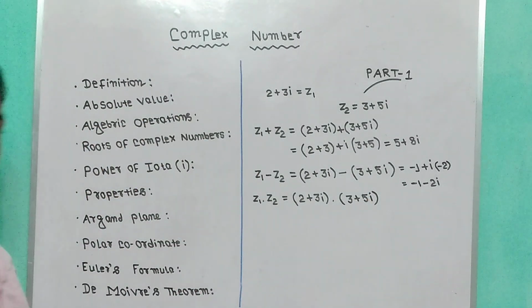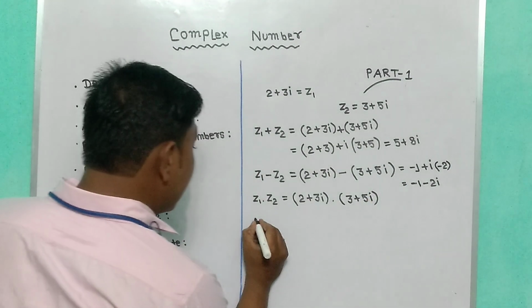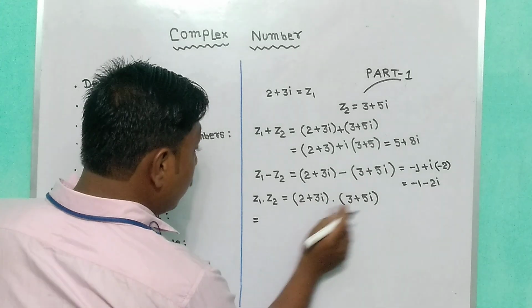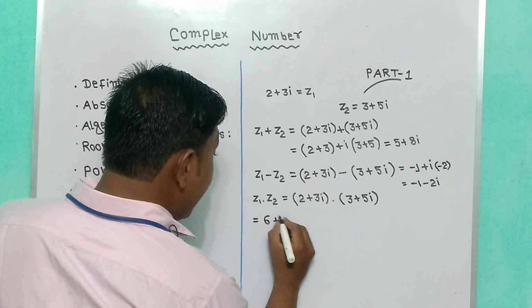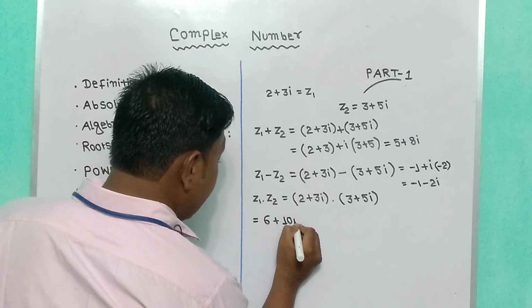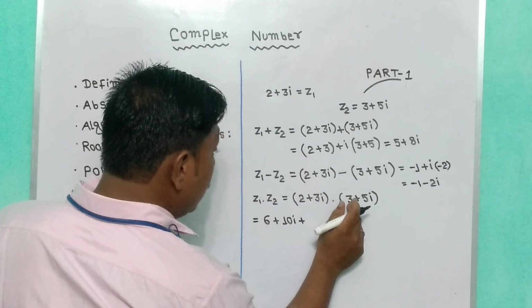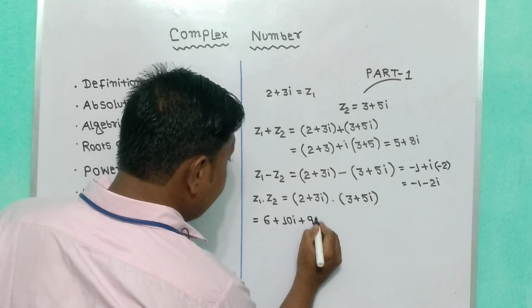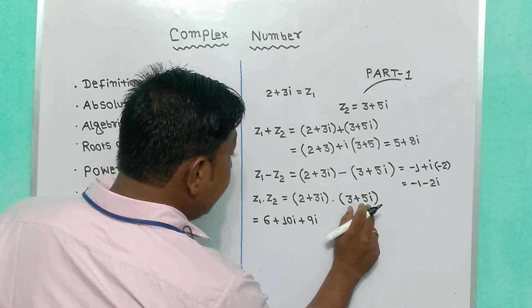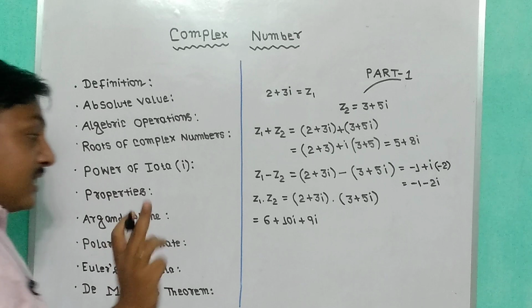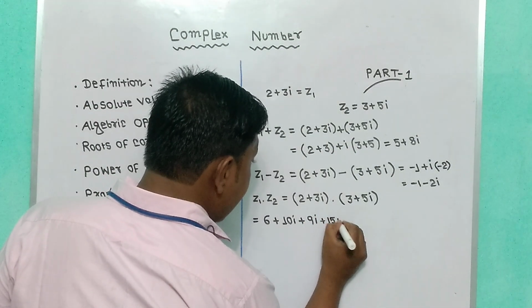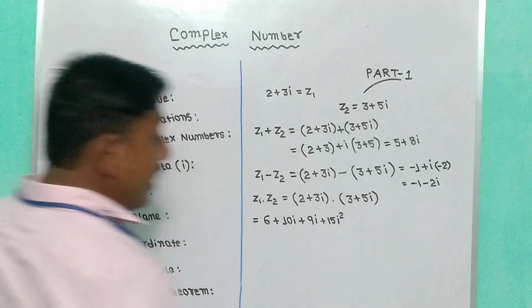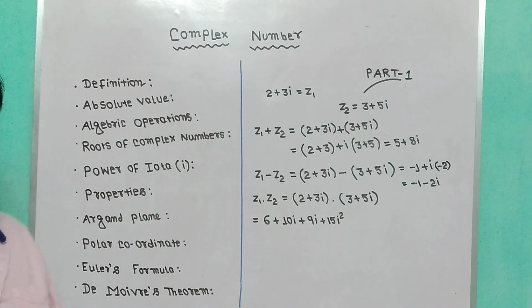Okay, how can we do it? See, we just multiply 2 into 3, that means 6, plus 2 into 5i, that means 10i, plus 3i into 3, that means 9i, and 3i into 5i, that means 15i square. So 15i square. So here we have to learn one more thing.